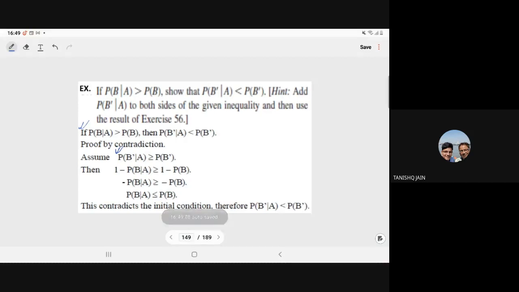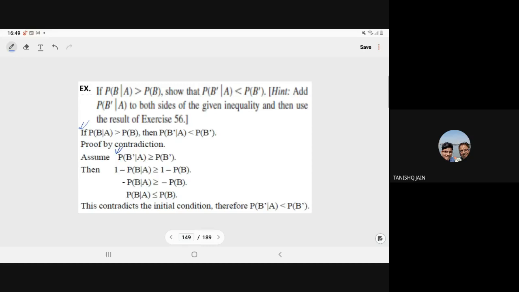This can be written as 1 minus P of B given A, because conditional probability also satisfies all the properties of probability.